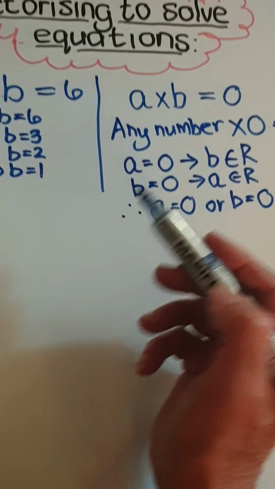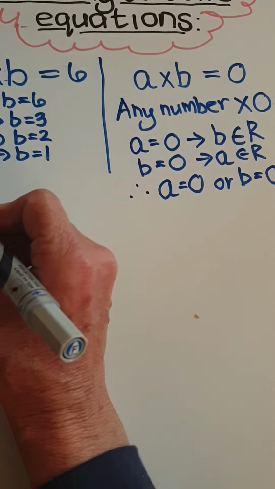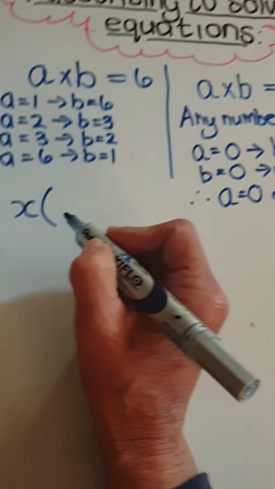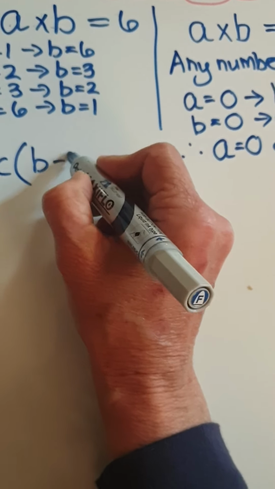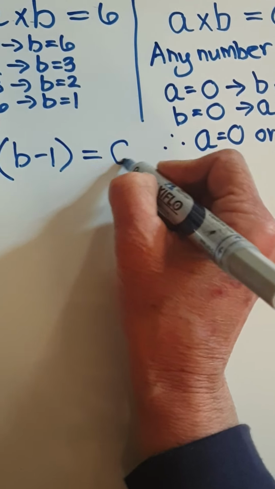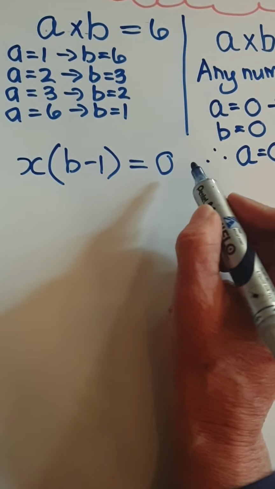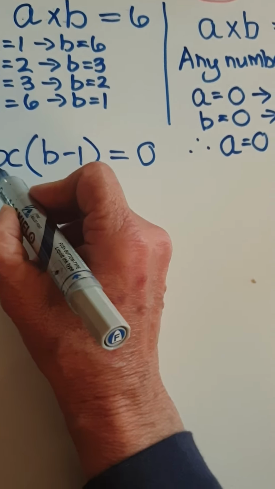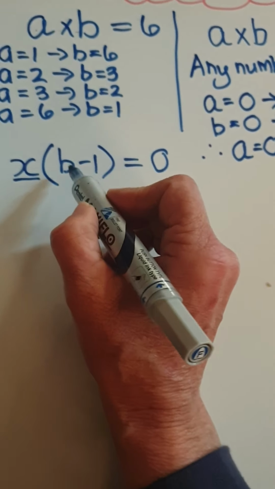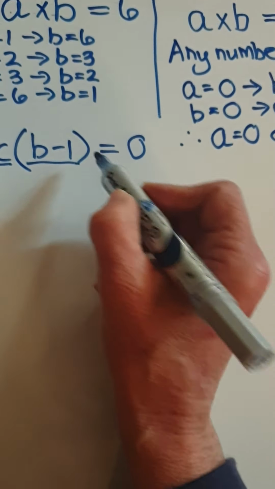Let's look at another example. If I have x times (b minus 1) equal to 0, what are the solutions? There are two factors here. The one is x, the other one is the bracket.